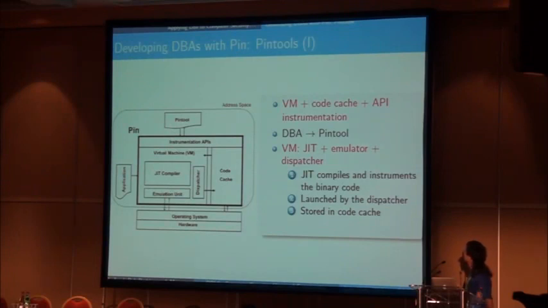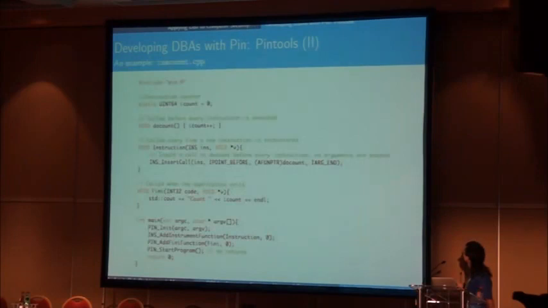As I was saying before, since these are stored in the code cache, if you have loops, your code is already instrumented, so you are not losing more time instrumenting again. This works at the user space level, so not in the kernel.